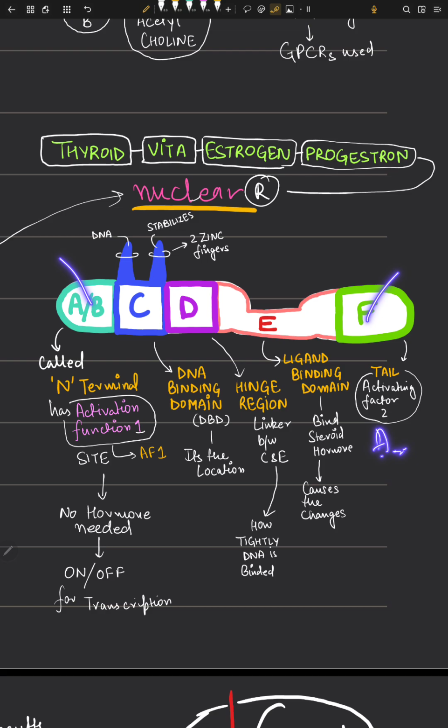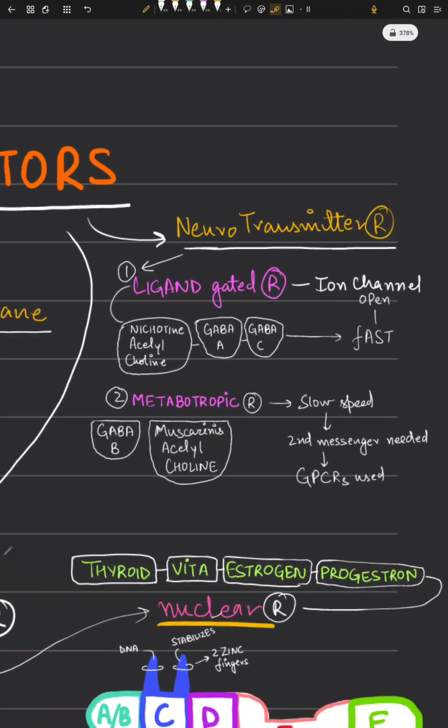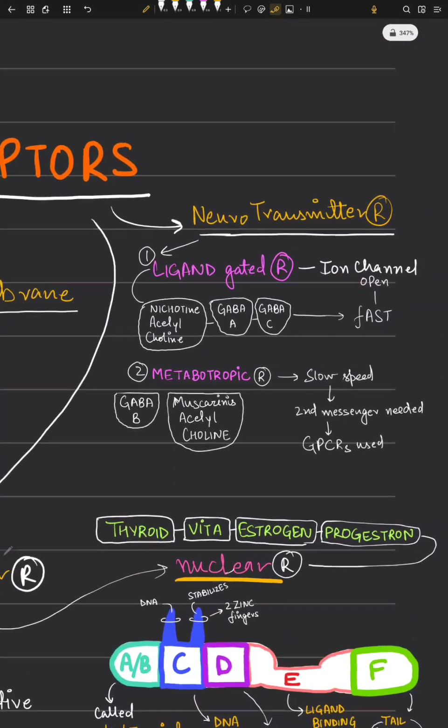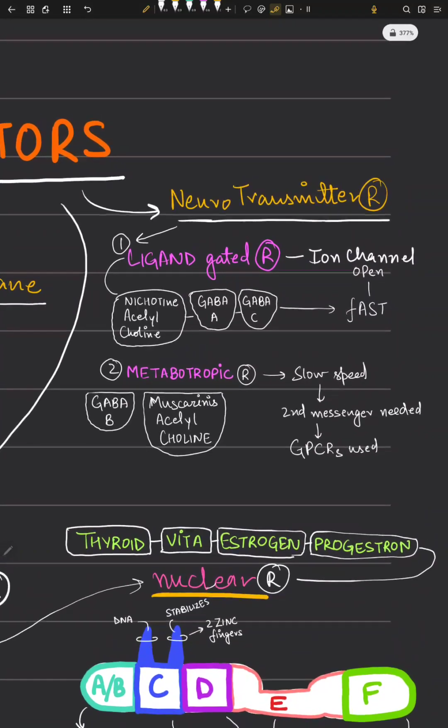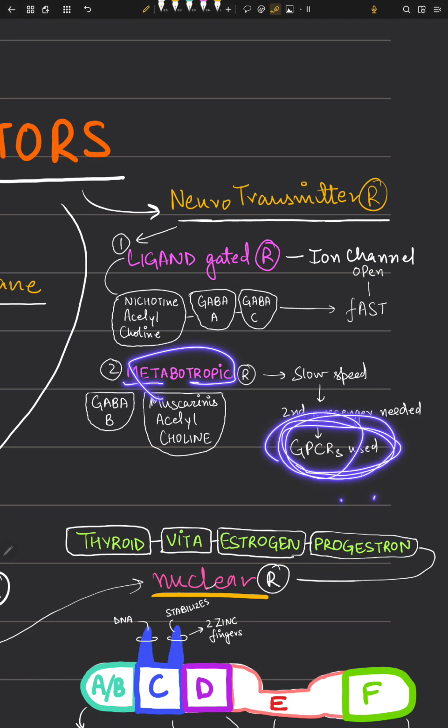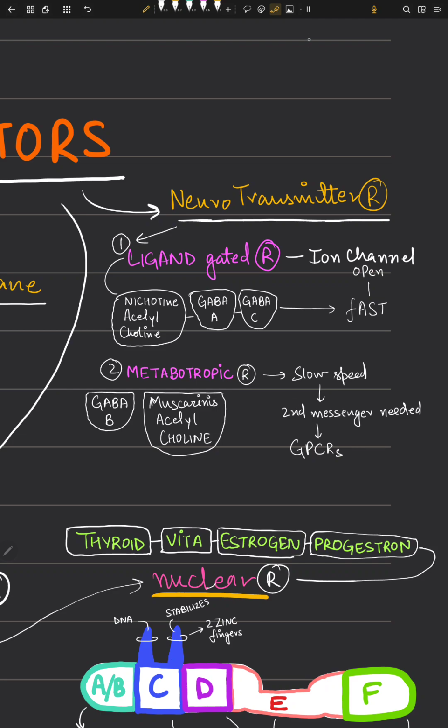AF1, AF2. Cool, now you understand this. What about neurotransmitter receptors? Well, there are two types of receptors inside your brain. First is ligand gated. It needs a ligand. The other is metabotropic, aka GPCR. They are just G protein coupled receptors, serpentine receptors. They are present in the brain too.